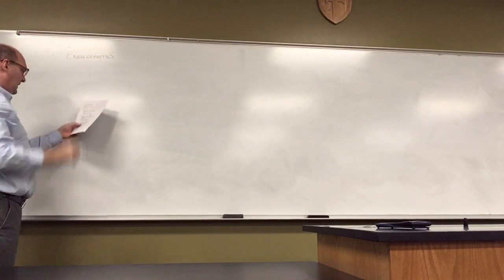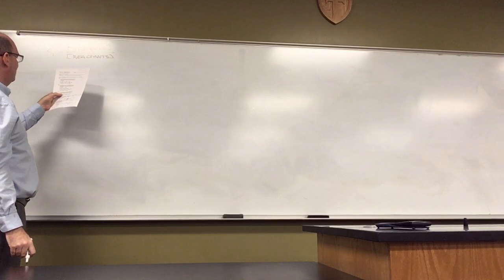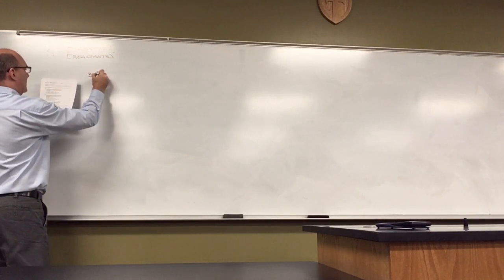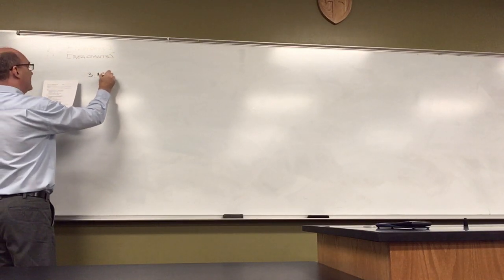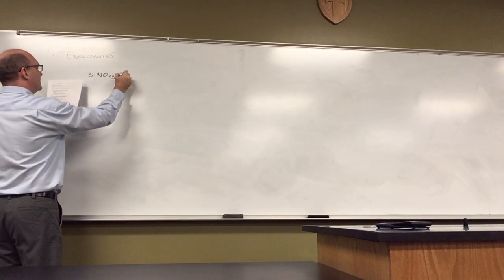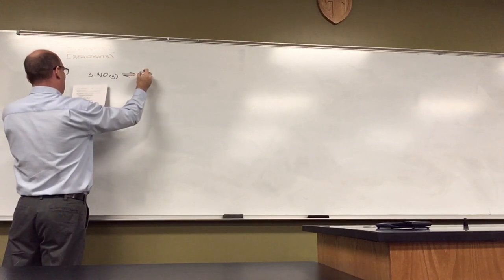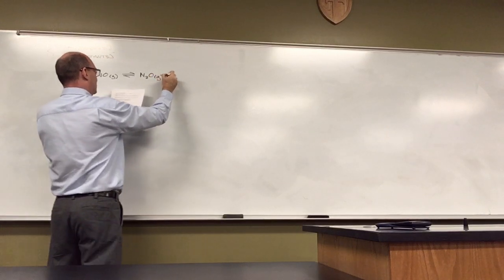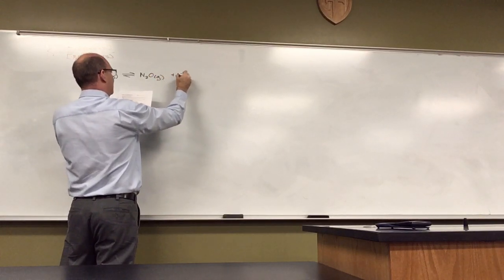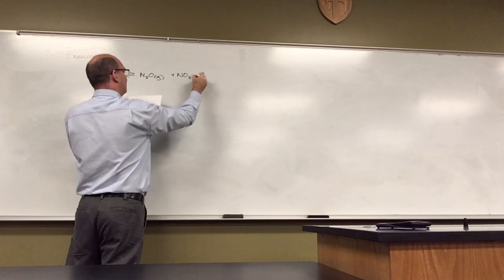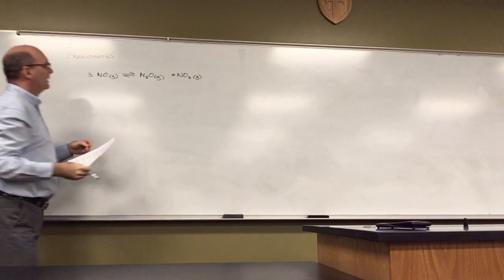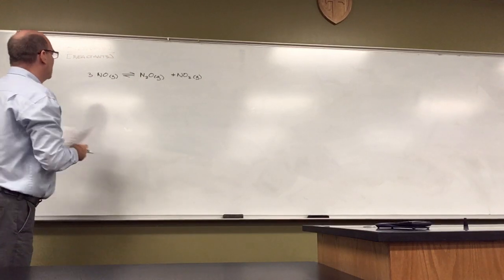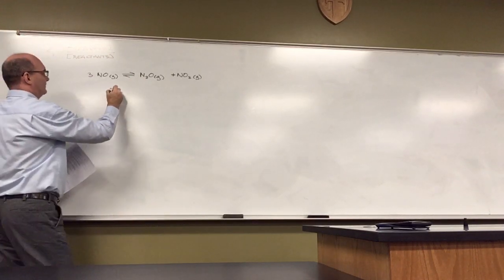So, as in 15.13, part A, your reaction says 3 nitrogen oxides are in equilibrium with a nitrous oxide, N2O, plus a nitrogen dioxide. Are we missing something? No, 2 nitrogens here. Okay.